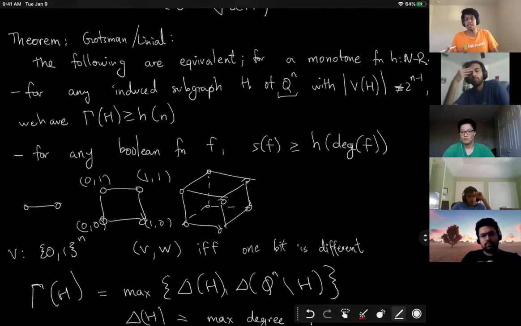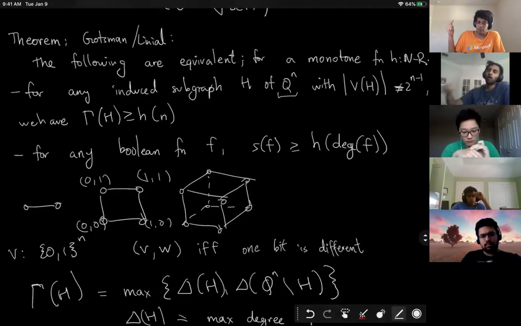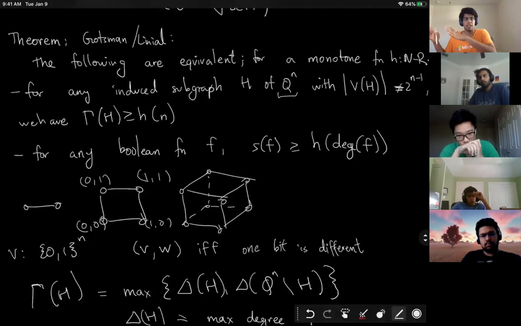If the size of the vertex set is 2^(n-1), that means it has exactly half the vertices, and we'll talk about what happens then later. But if you have any subgraph that does not have exactly half the vertices, and gamma of h is larger than h of n, that's the first sentence. So is that clear?